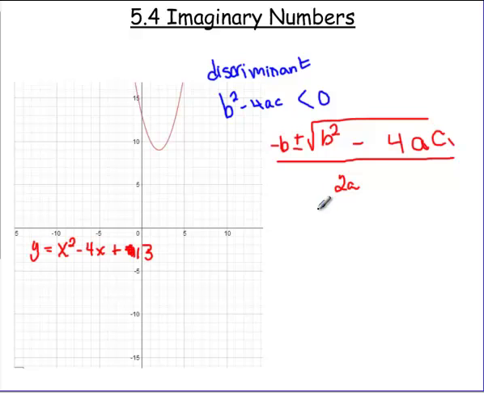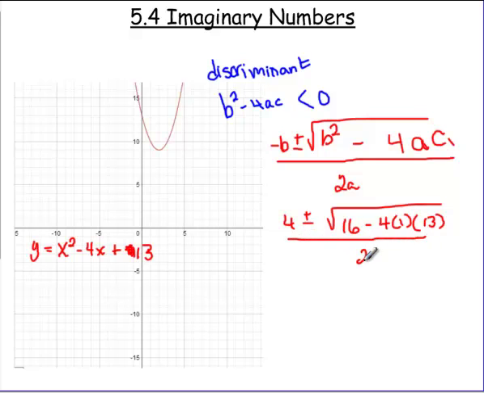All right, so let's start substituting in. Negative b plus or minus the square root of b squared minus 4 times a times c all over double the a value.